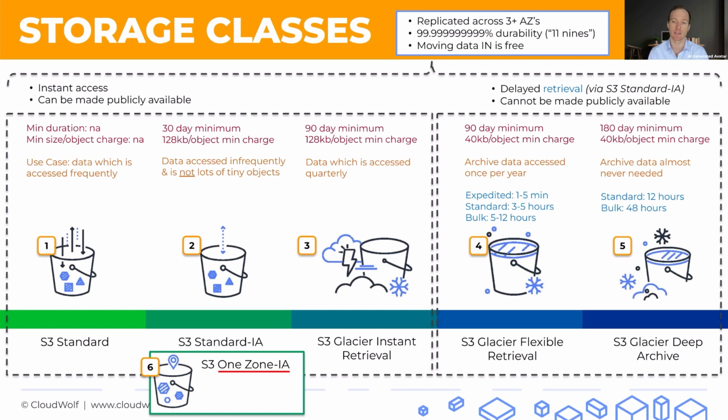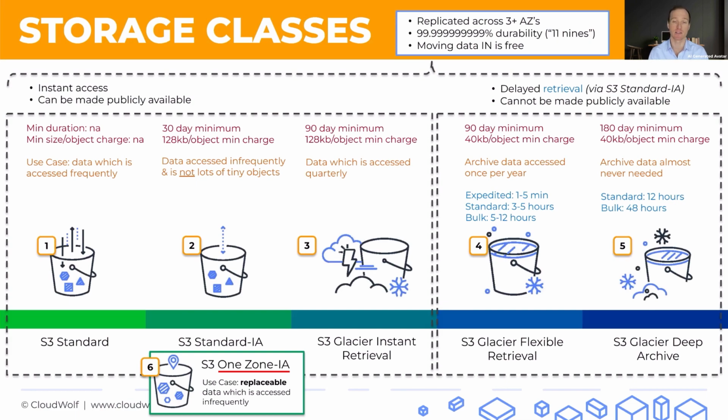So it's exactly the same as S3 standard infrequent access, but it only uses one availability zone, and that saves you on cost, but it does make it less reliable. You still get the 11 nines of durability, but if that availability zone fails, then you will lose your data. And the use case here is replaceable data, which is accessed infrequently.